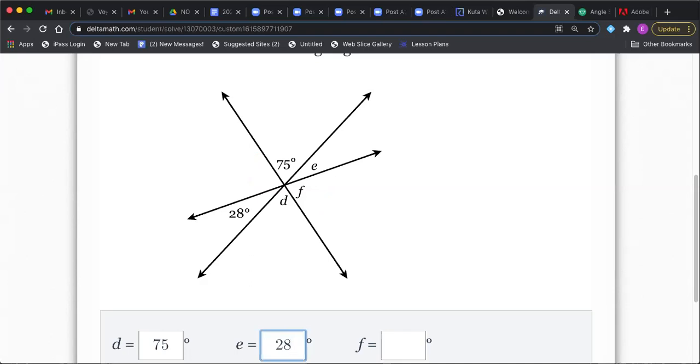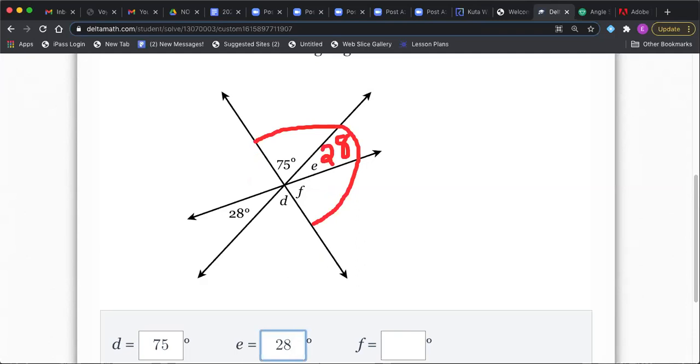We do know that E is 28, right? We already found that out. Look what's happening here. Isn't that the full rainbow? Don't all three of those together add up to 180? You bet they do. So I can just do 180 minus the 75 and minus the 28.